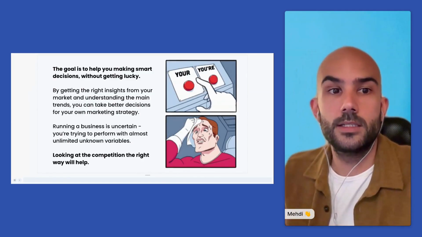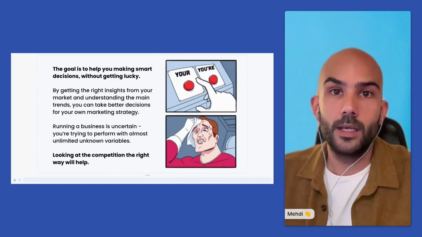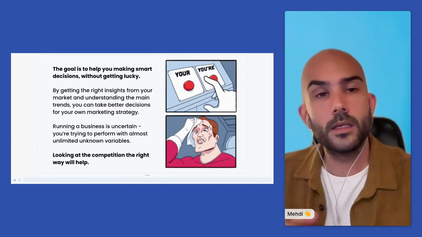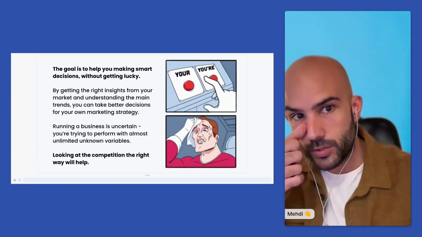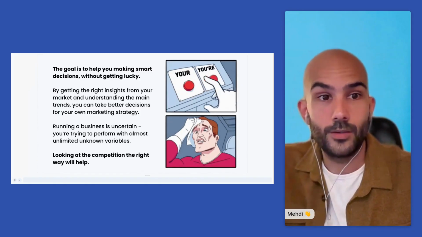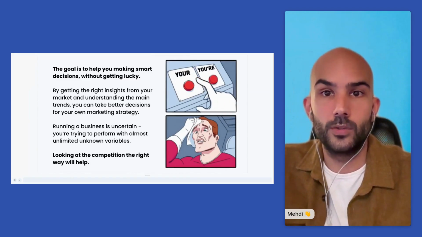By getting the right insights from your market and understanding the main trends, you can make better decisions for your own marketing strategies. And the thing is, running a business is uncertain. You're trying to perform within your market with almost unlimited unknown variables.